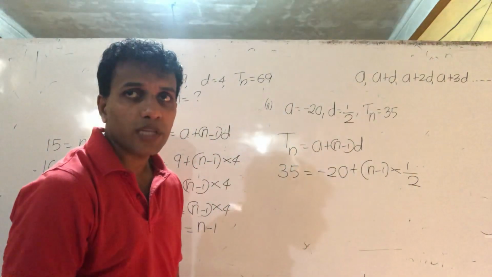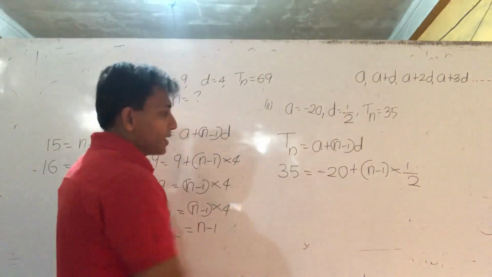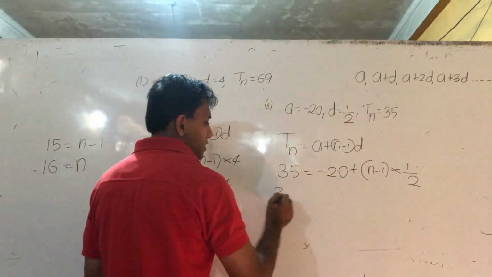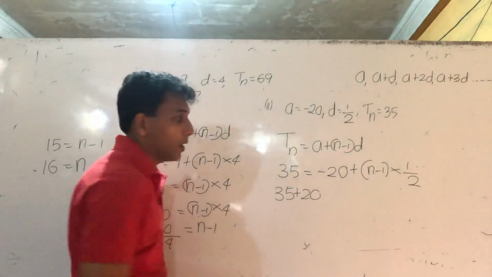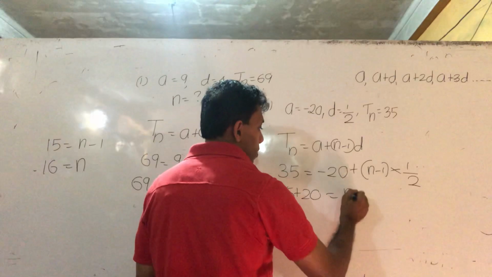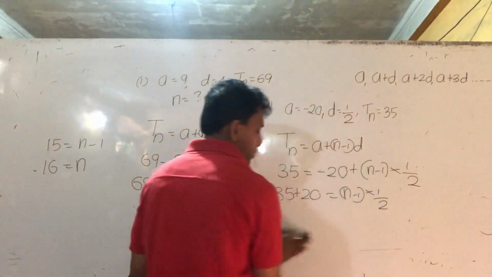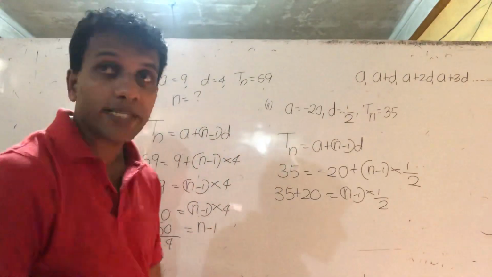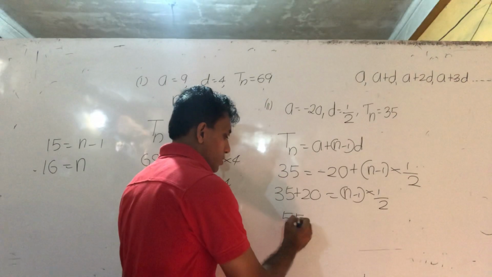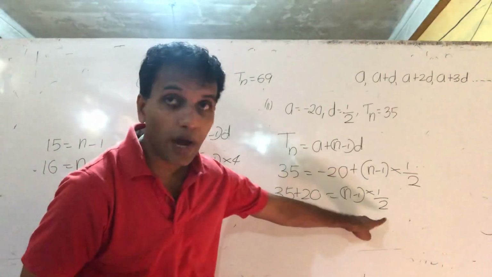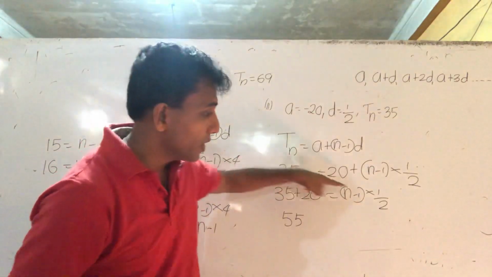Okay, now solve this equation. See the previous method and copy it. Take the minus 20 this side: 35 plus 20. The other side, n minus 1 into half. 35 plus 20 is 55. Here dividing by 2, take the 2 this side and multiply by 2.